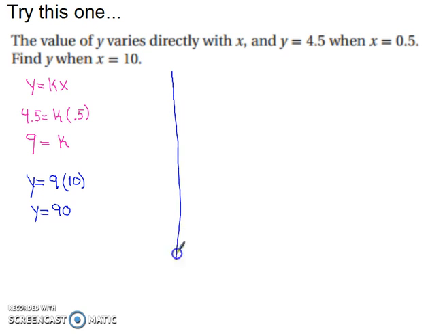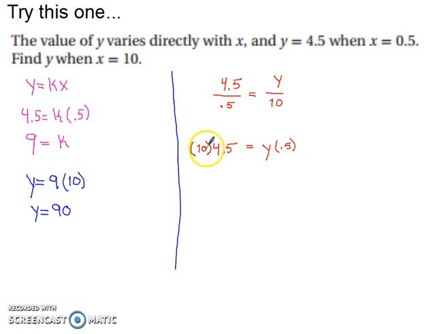Well, let's try using a proportion, in case some of you preferred that method. So we have 4.5 over 0.5 must equal y over 10. And now we get the cross products. So we have 4.5 times 10, I meant to write the 10 in there.